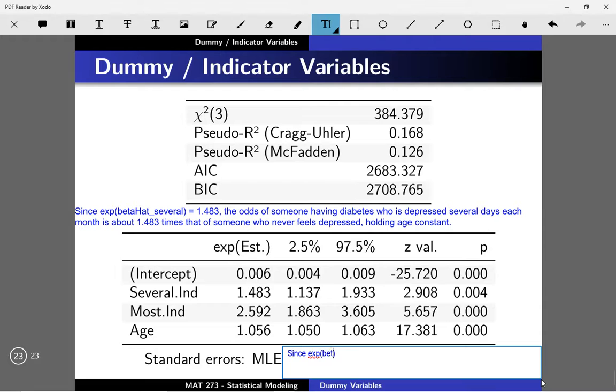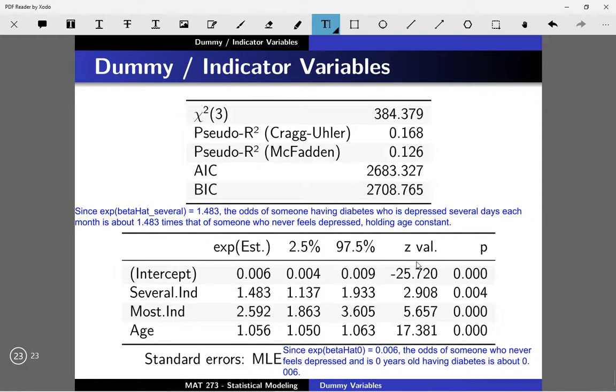Since e to the intercept term equals 0.006, the odds of someone who never feels depressed and is 0 years old, so a little bit of a weird thing, having diabetes is about 0.006.